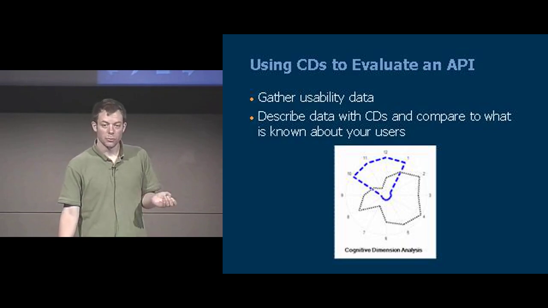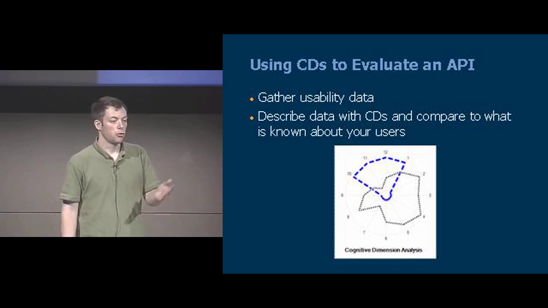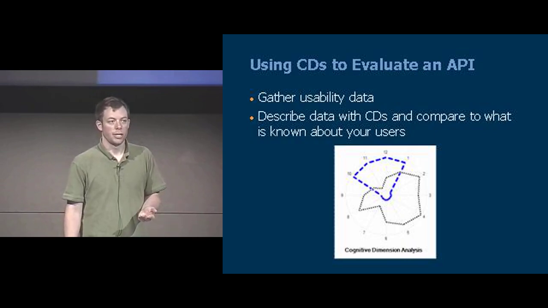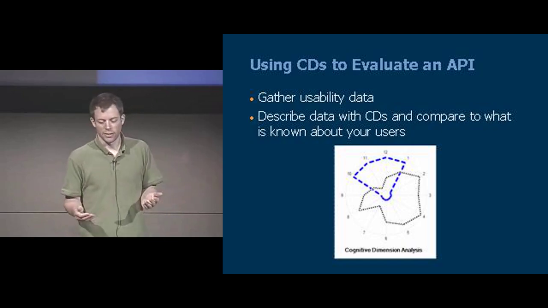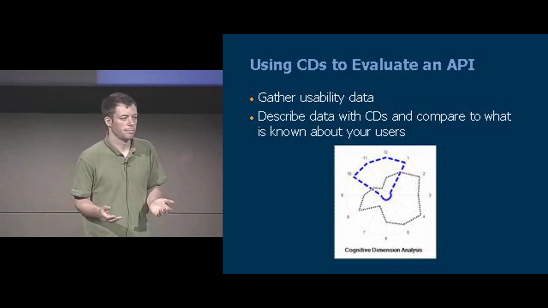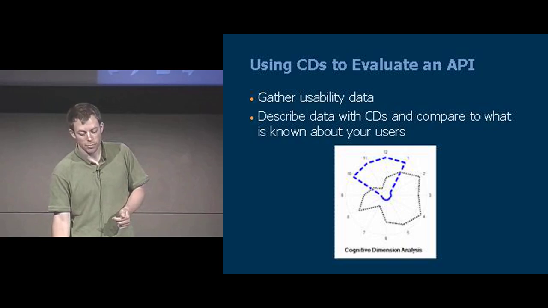And we can look at the results that we get from that study, and we can describe them in terms of the cognitive dimensions. So we can look at the study, get feedback on it, and figure out that this API exposes a collection of factored components. And so we would place our API evaluation here somewhere in the middle of that spoke, where the factored components might lie.